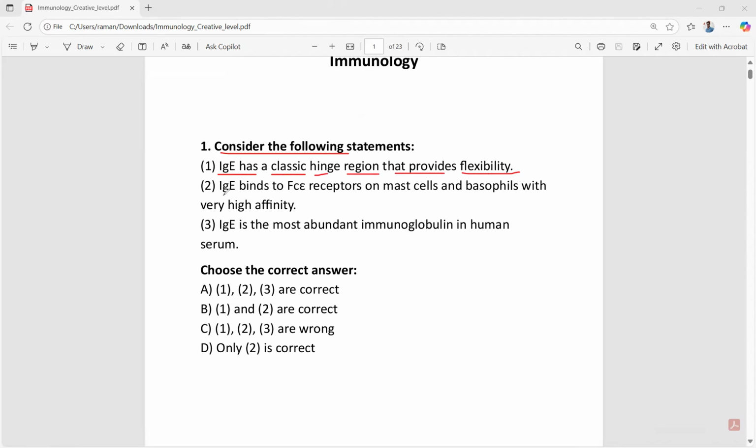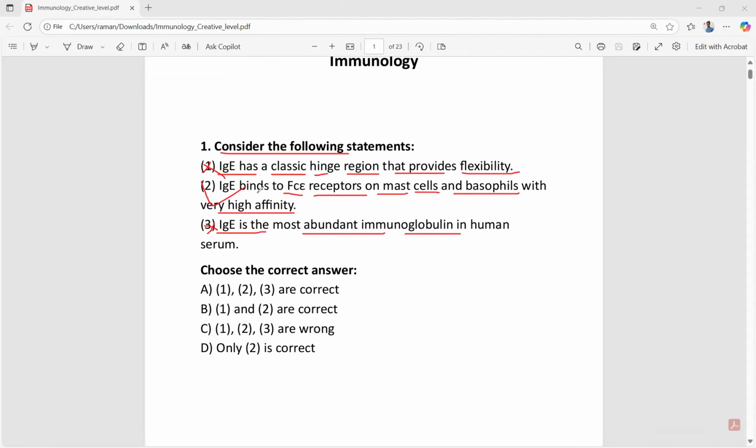IgE binds to FC receptors on mast cells and basophils with very high affinity. So this is correct. IgE is the most abundant immunoglobulin. No. So 1 and 3 are wrong, and option 2 is the right answer.